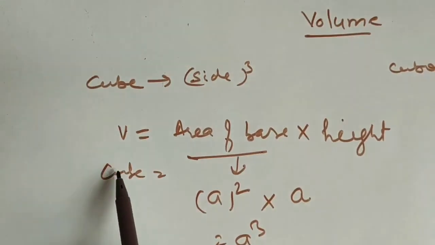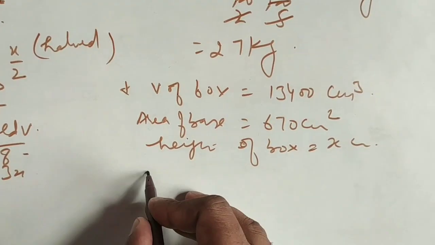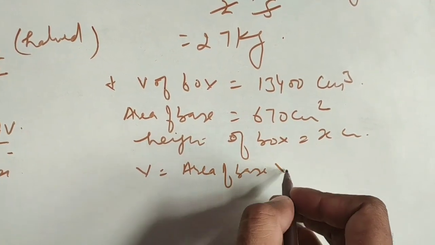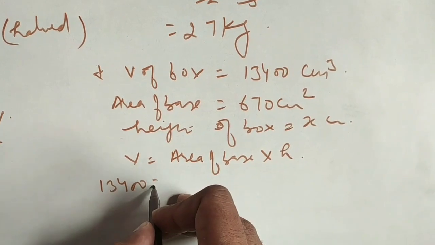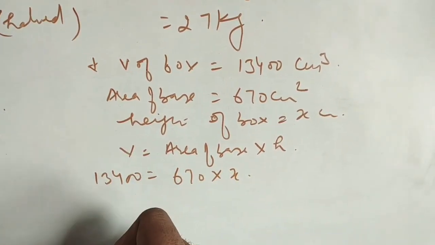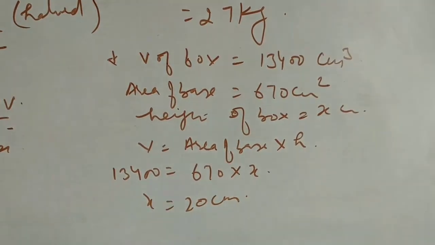Now earlier we have done this. Volume is area of base into height. So putting the values here, 13,400 equals area of base 670 multiplied by x. So x is how much? 20 centimeter.